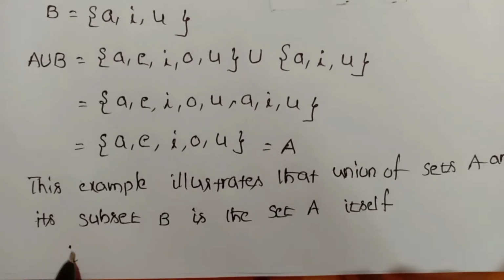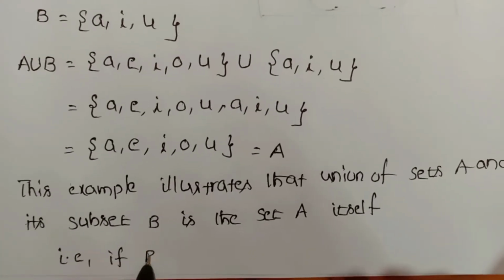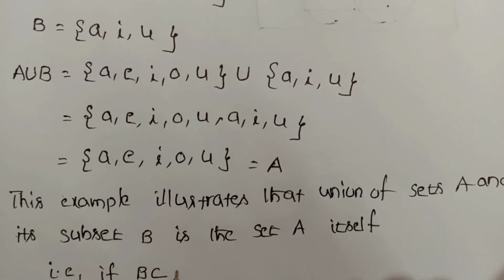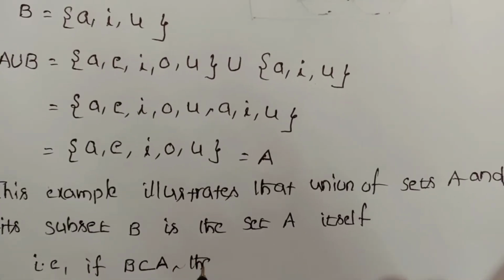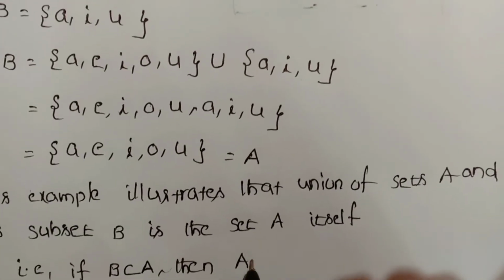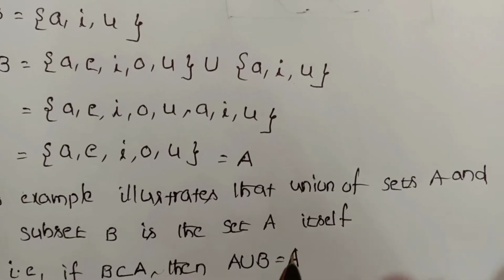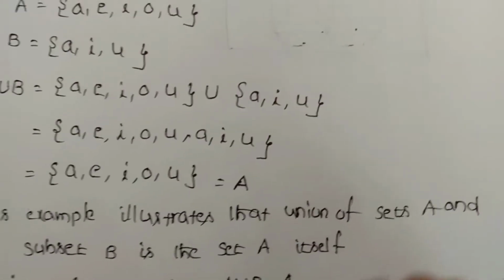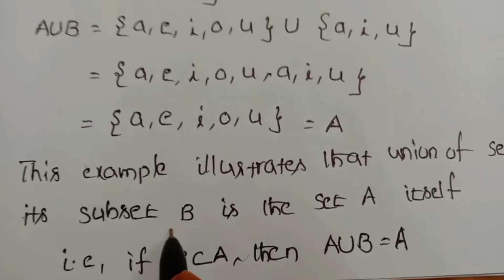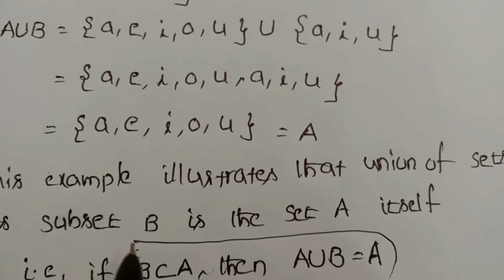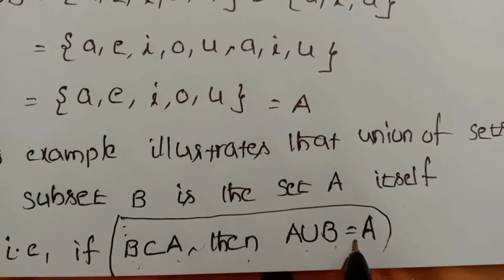That is, if B is a subset of A, then A union B is equal to A. This note is important: B subset of A, then A union B is equal to A.